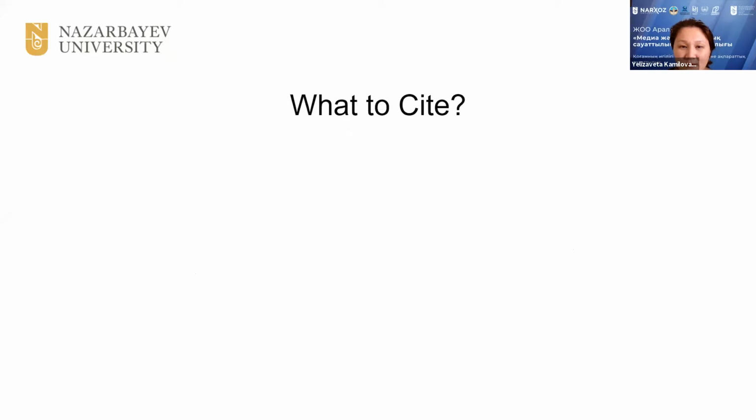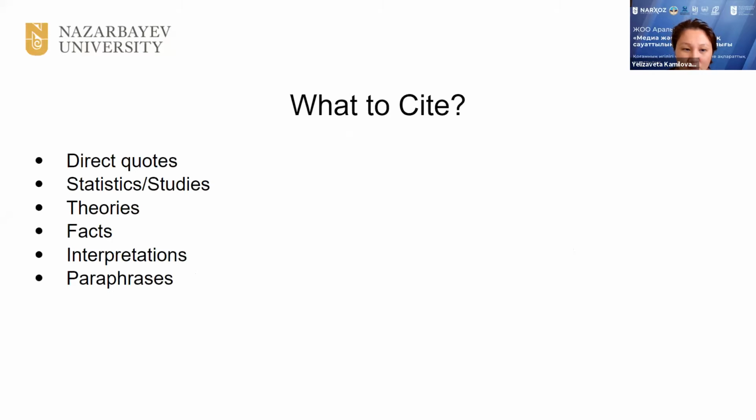And here we have another question. What information should we cite? Generally speaking, you should cite any information that does not belong to you. So any information you are taking from somewhere should be cited. It means you should cite direct quotes because you're using someone's exact words.